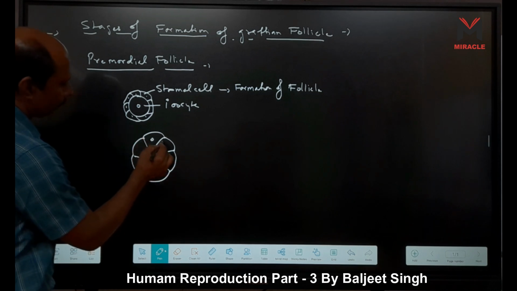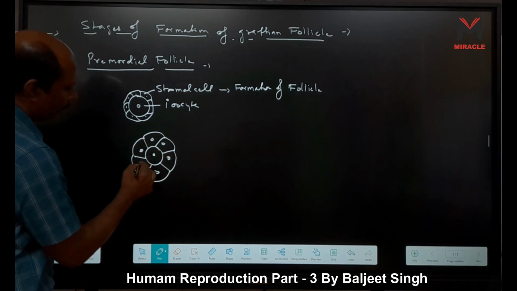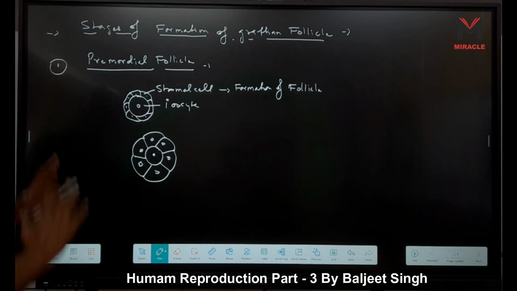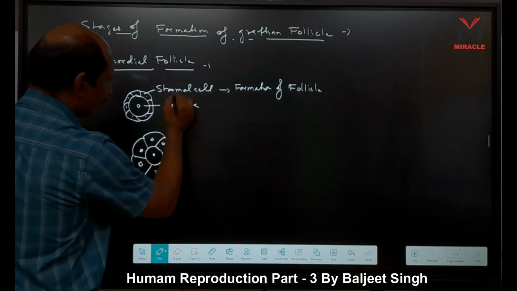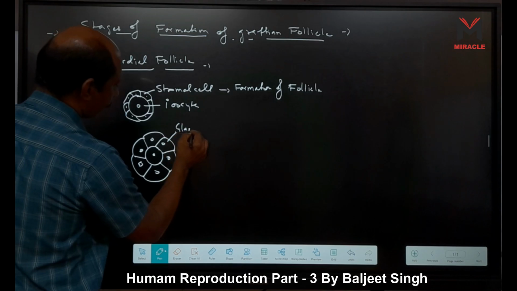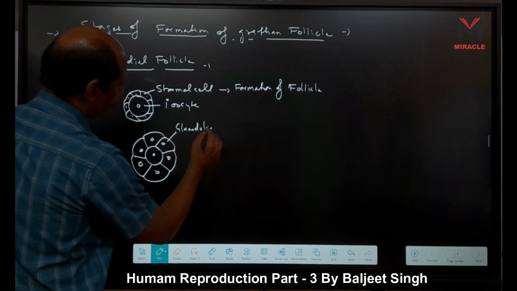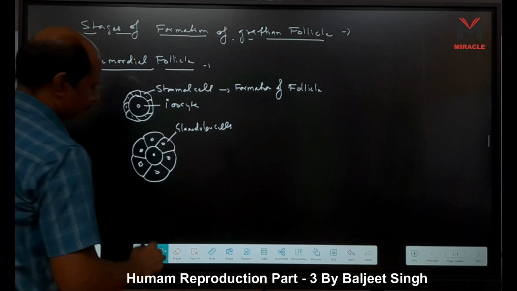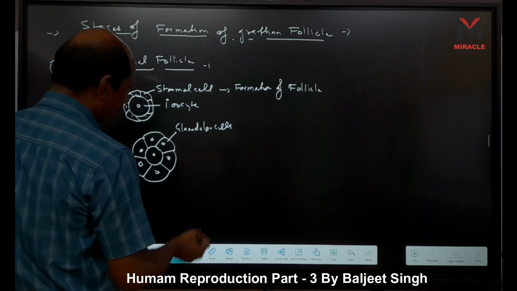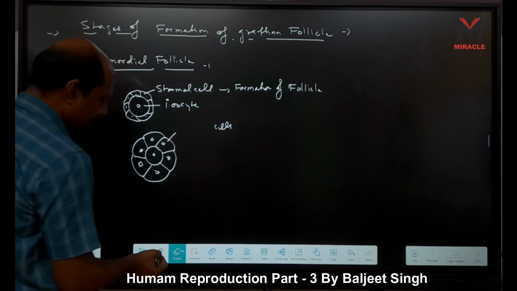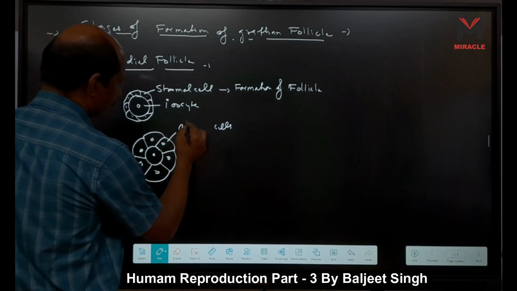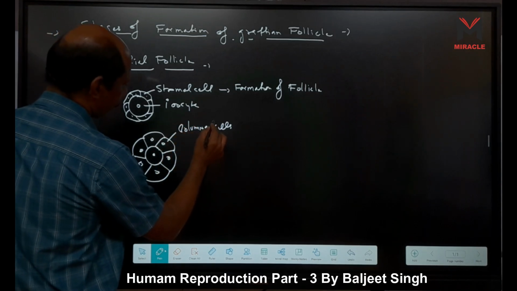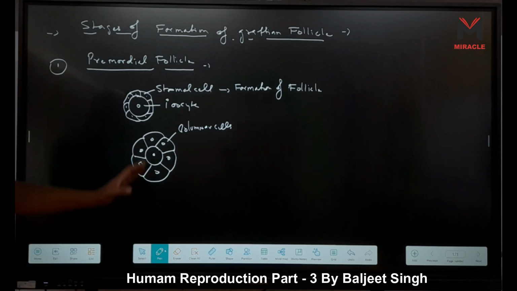They increase in size, absorb food, and become columnar cells, right? Then what happens? They start division.